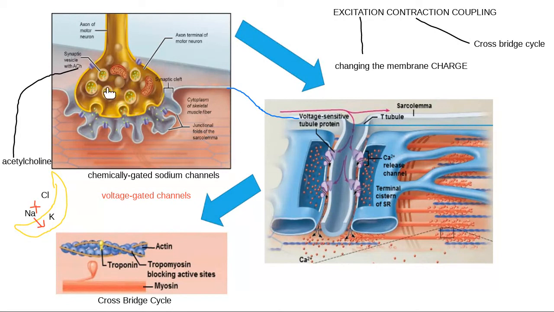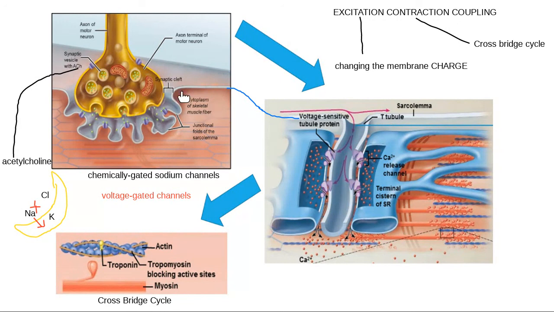If I talk to my muscle cell right here at the neuromuscular junction, all along this membrane and all along here, we're going to have voltage-gated sodium channels. The job of the voltage-gated sodium channels is to help my membrane charge change everywhere.